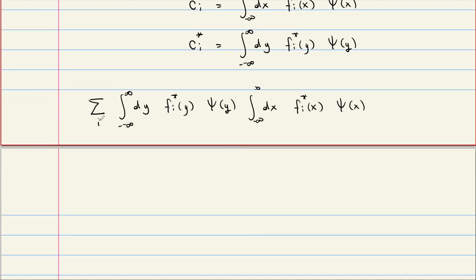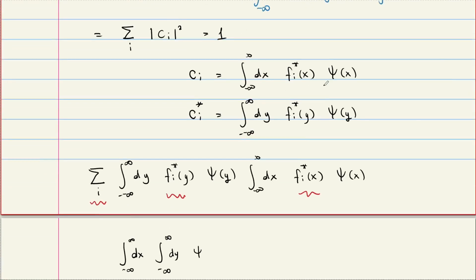Now I look at this, and there's a summation over i, and the only i-dependent things are here. So there's this guy, and this guy, and I want to bring them together, and then this will be dx from minus infinity to plus infinity, dy from minus infinity to plus infinity.